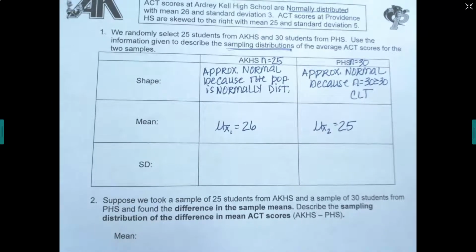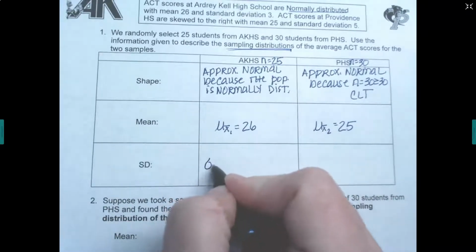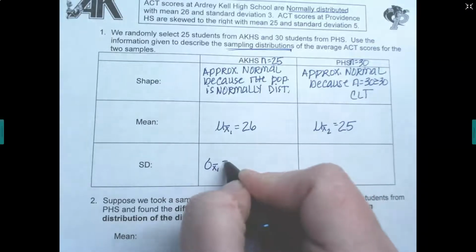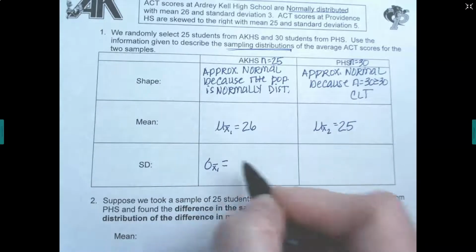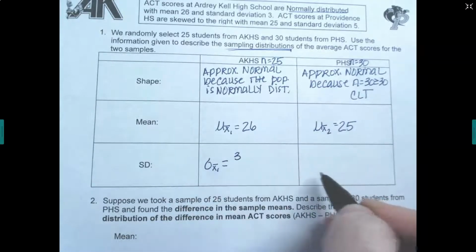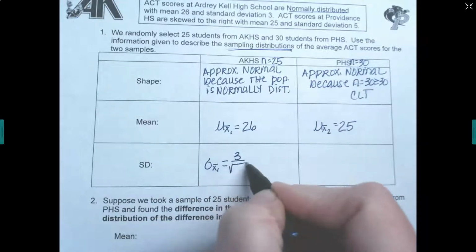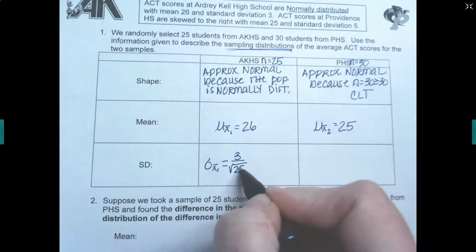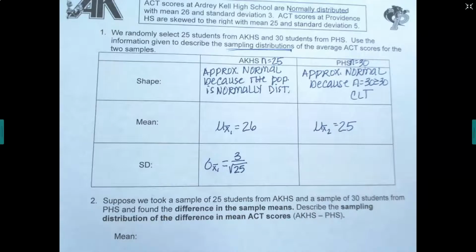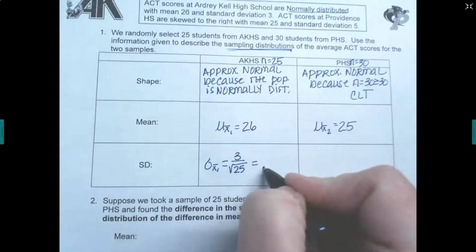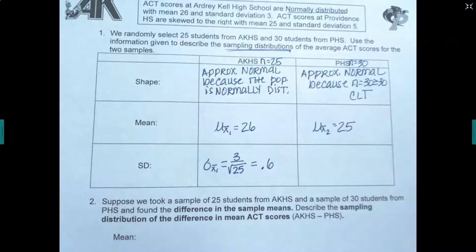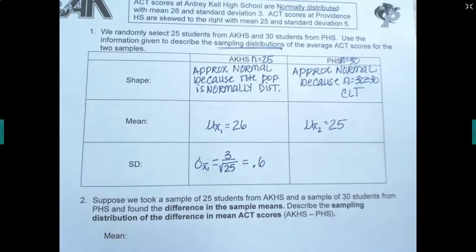All right, now our standard deviation. The standard deviation for Audrey Kell is they have a standard deviation of 3 for the population, divided by the square root of the sample size of 25, and I got an answer of 0.6. Same thing for Providence.